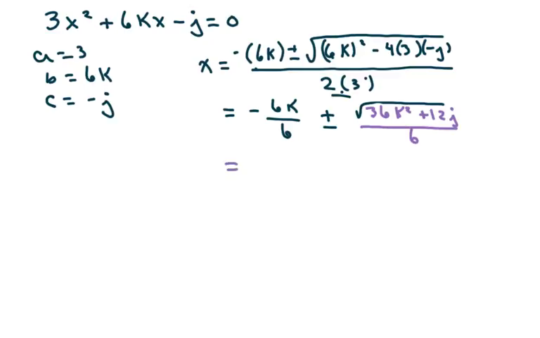So this part here is just going to be negative k, because the 6's cancel, plus or minus, and I'm going to factor out a 4, because I can take the square root of 4. So we get 36k squared plus 12j becomes 4 times 9k squared plus 3j, over 6.